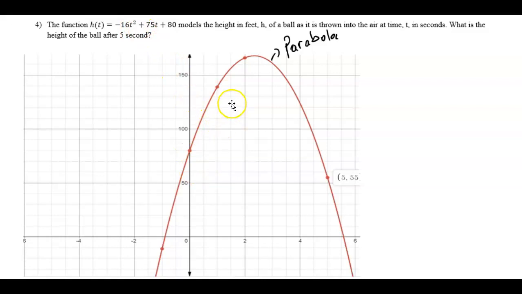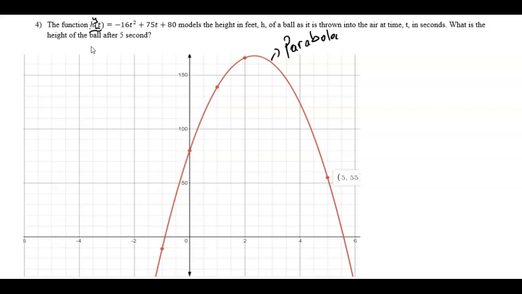So now the time is the x value. Every time you see h of t, f of x, m of something, it's the same thing as the y. So this side right here is the same thing as the y value, and that's what we call the dependent variable.